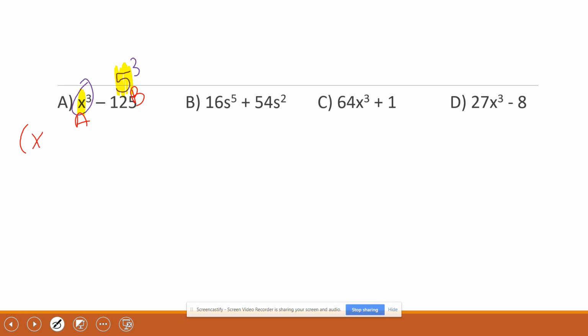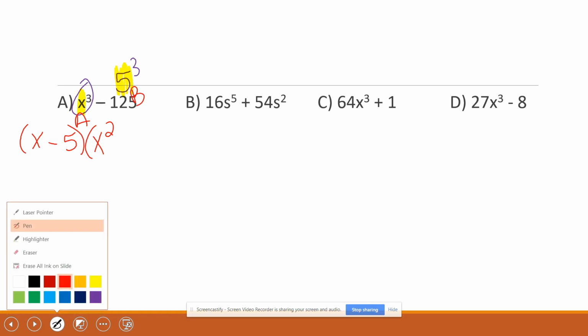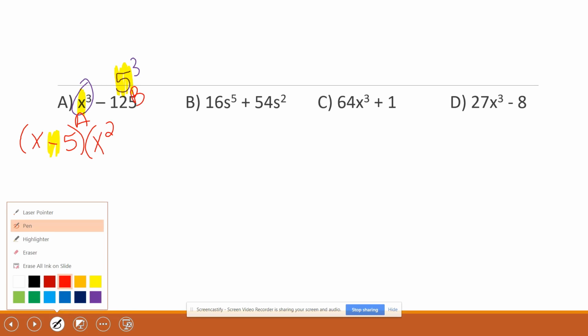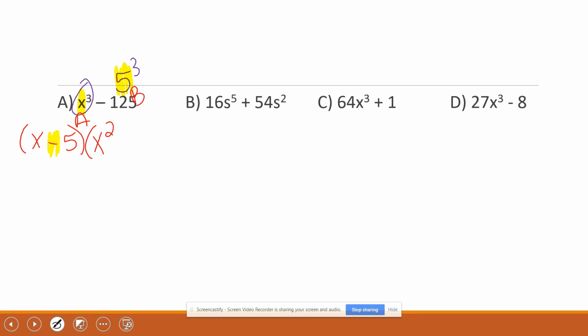So we have A minus B times A squared. A times B is X times 5. We do not keep whatever the sign is in the middle. Okay, you have to follow the formula. Ignore the sign, follow the formula.